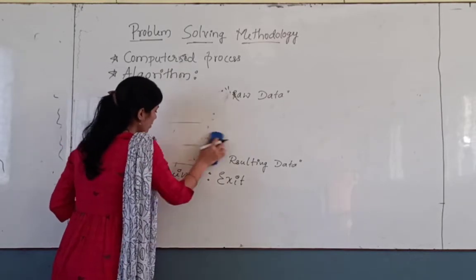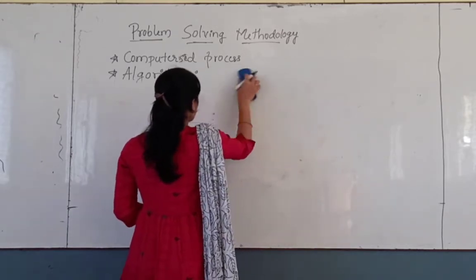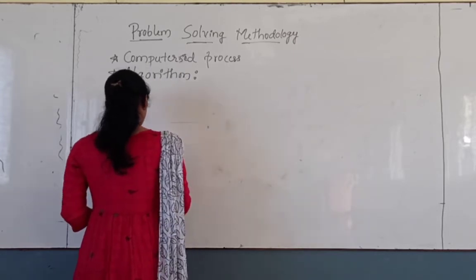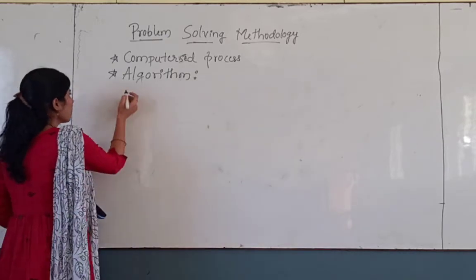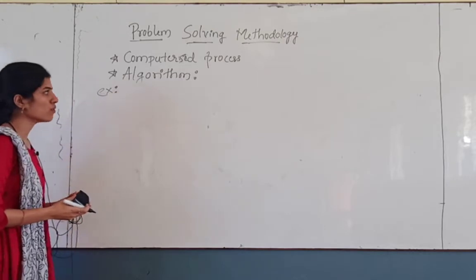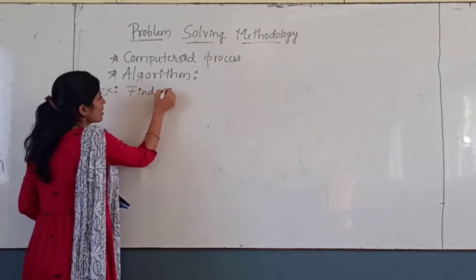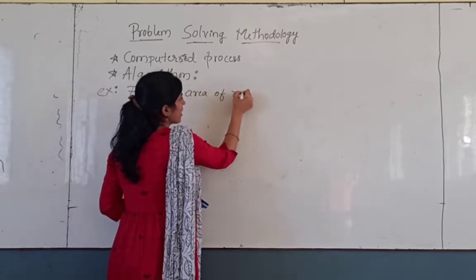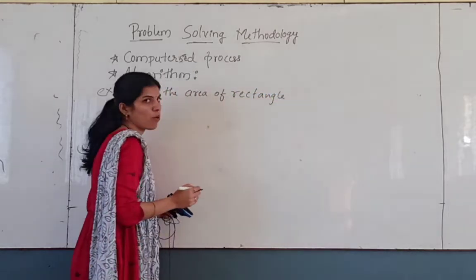See here, one example of how we have to write an algorithm before writing our code. Example: find the area of a rectangle. This is our problem.